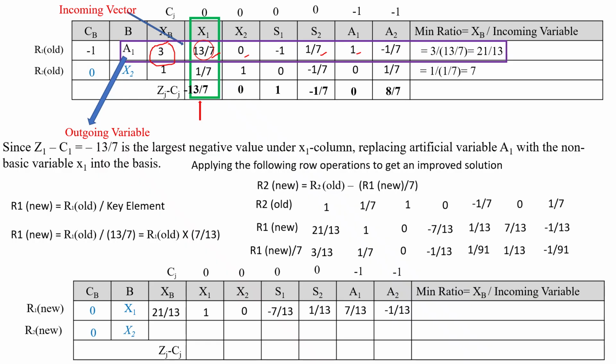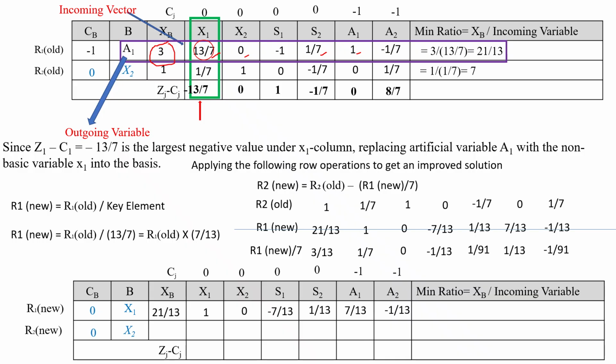So next write down R1 new divided by 7. Here 21 by 13 into 1 by 7, 3 by 13, and 1 into 1 by 7, 1 by 7, 0 into 1 by 7, 0, minus 7 by 13 into 1 by 7, minus 1 by 13, 1 by 13 into 1 by 7, 1 by 91, 7 by 13 into 1 by 7, so 1 by 13, minus 1 by 13 into 1 by 7, it is minus 1 by 91.